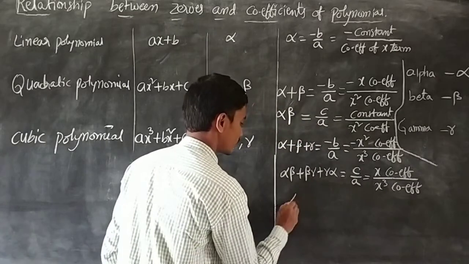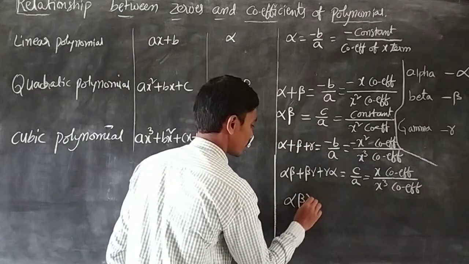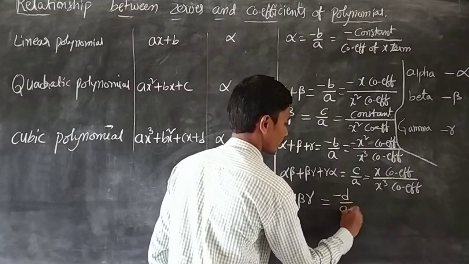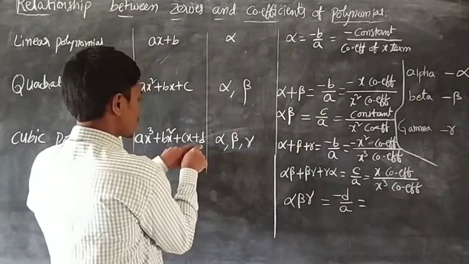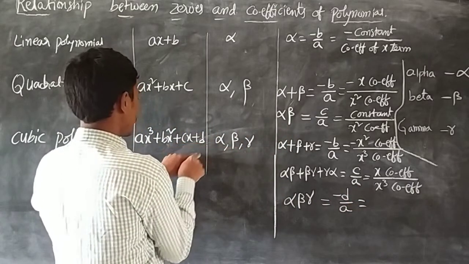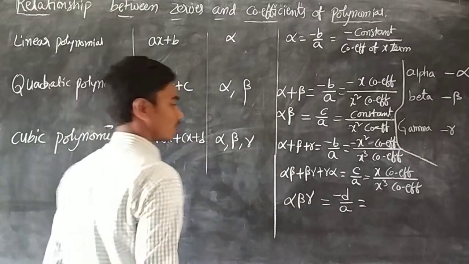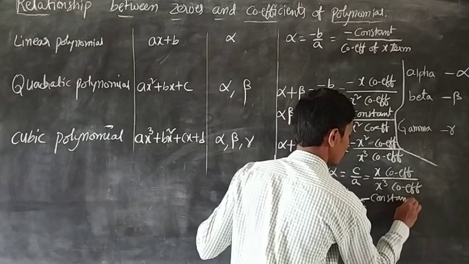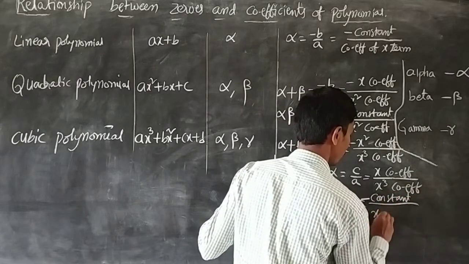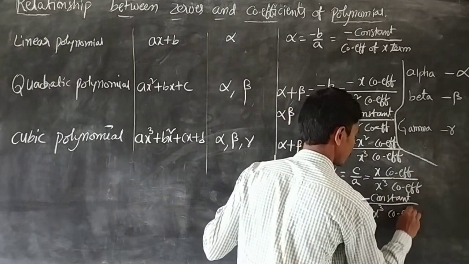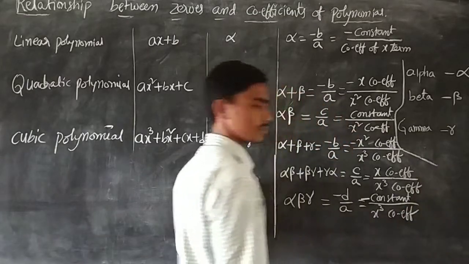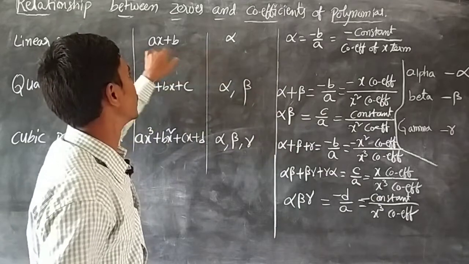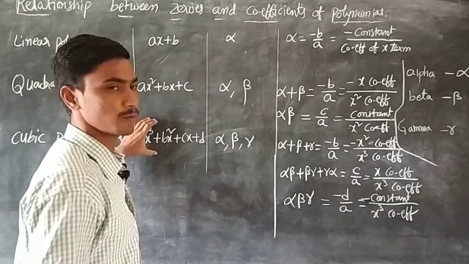Next, the product of the zeros, alpha beta gamma, is equal to minus d by a, which means minus d is the constant and a is the x cube coefficient: constant by x cube coefficient. In this way, the zeros are related with the coefficients of the variable terms.